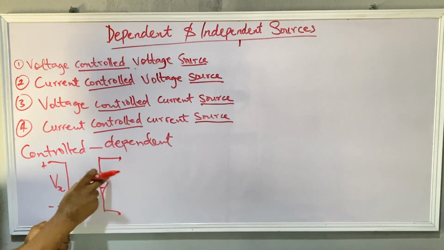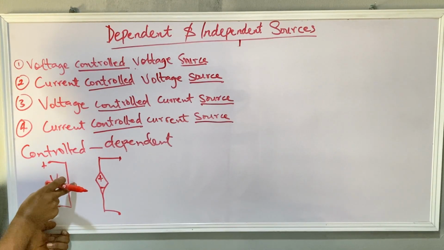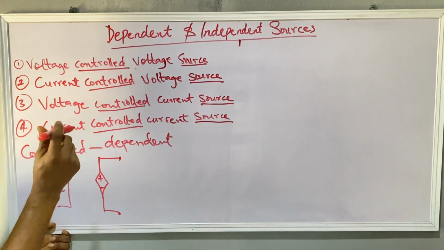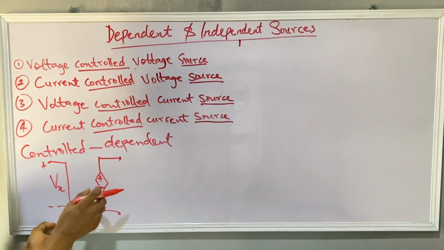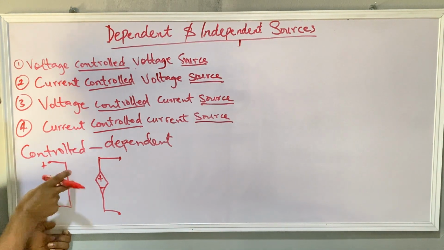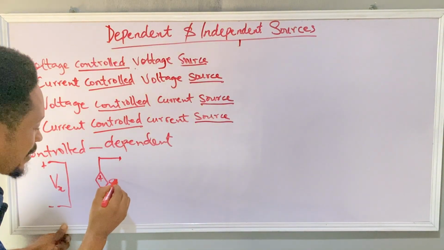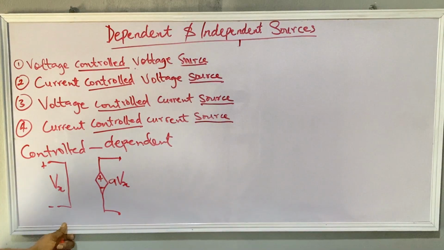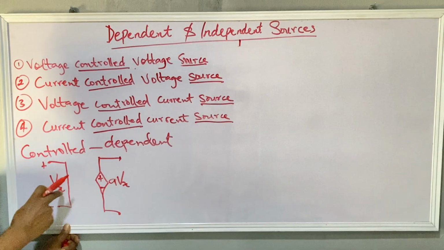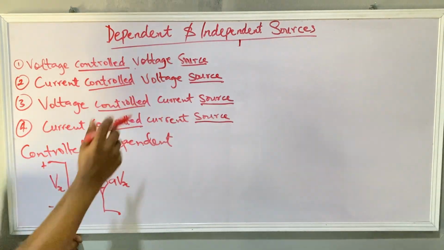This voltage is being controlled by this voltage. So assuming that the value of this voltage is, let's say, A, that value will be depending on this. We can call this voltage source AVx. The value of the voltage is A, but it is depending on Vx. So it becomes voltage controlled voltage source.